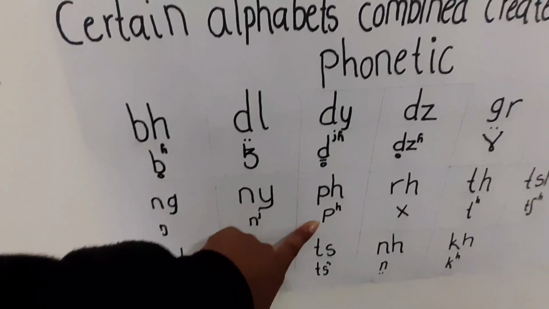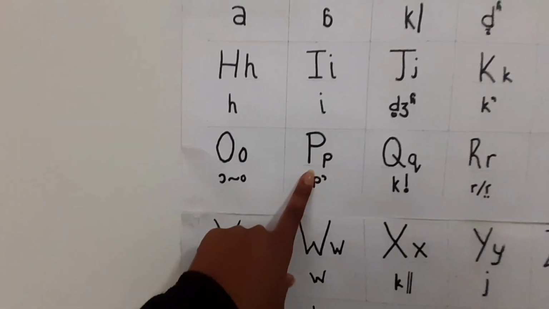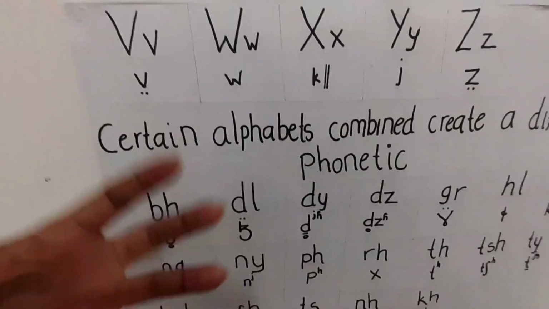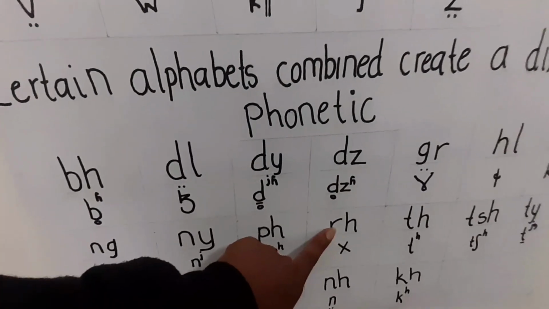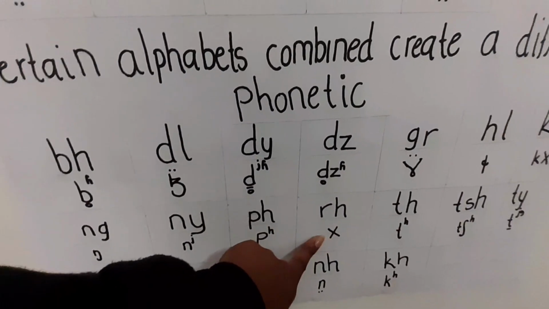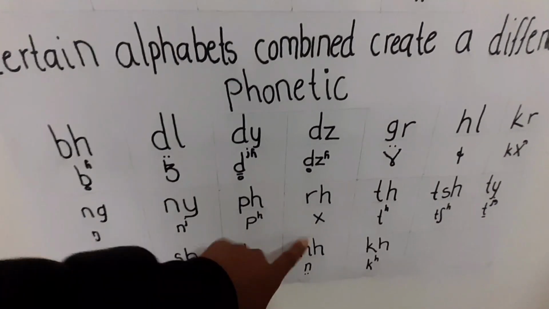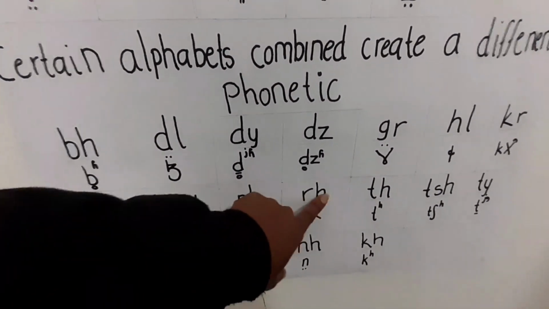Ph, this is the phonetic. So instead of p, it is ph, where you can hear the H is present in that. And then we have the RH, and the phonetic looks like that. And you pronounce this combination of RH.